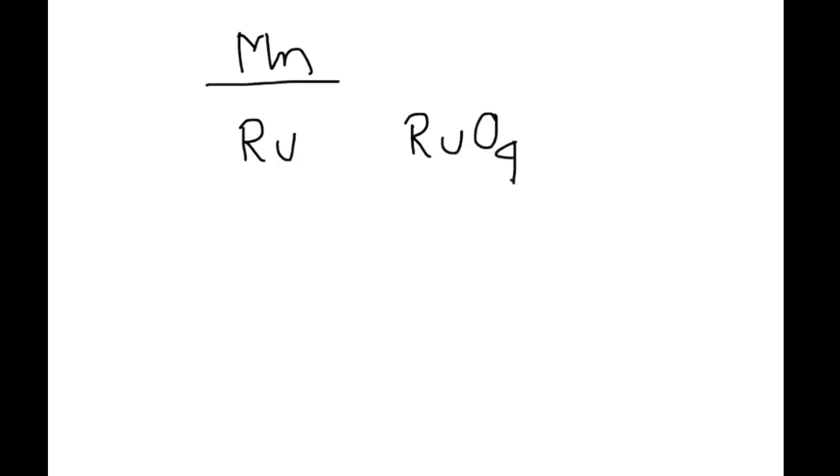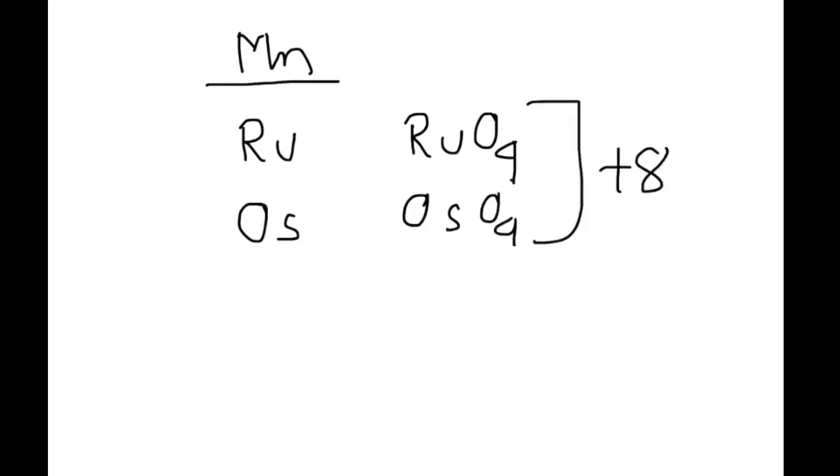But beyond manganese, other metals do not exist in higher oxidation states except ruthenium in RuO4 and osmium OsO4. They exist as +8 state. But other elements in the 3D series show no +8 state.